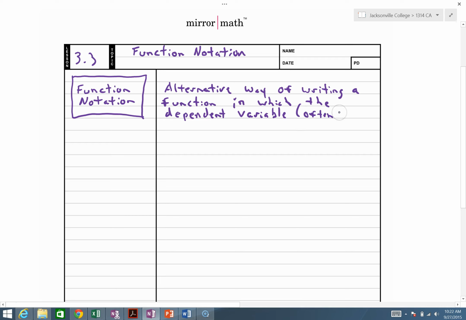We call x the independent, it's our input, y is dependent, our output. Is replaced by f of x or similar.